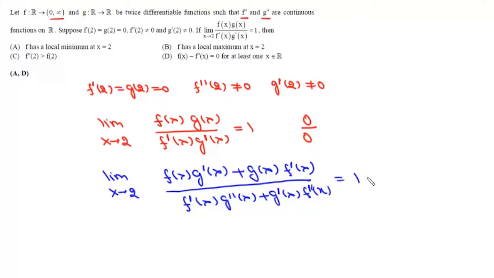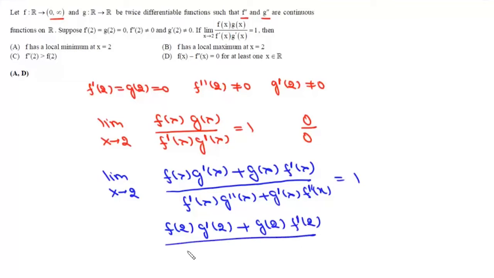Now we'll put this limit. So we'll write f(2) g'(2) plus g(2) f'(2) upon f'(2) g''(2) plus g'(2) f''(2), and it is equal to 1.